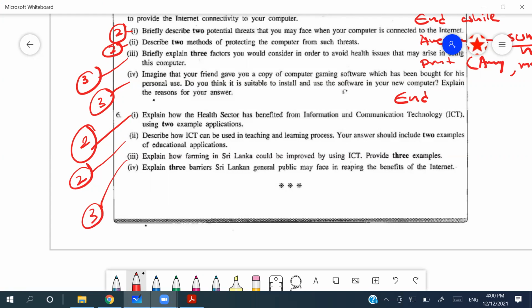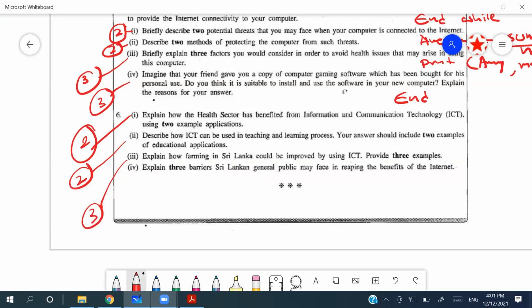Yeah, so sometimes it depends on the cost, because if you don't have the financial strength to have the internet facility, right? So you will be getting off from that.